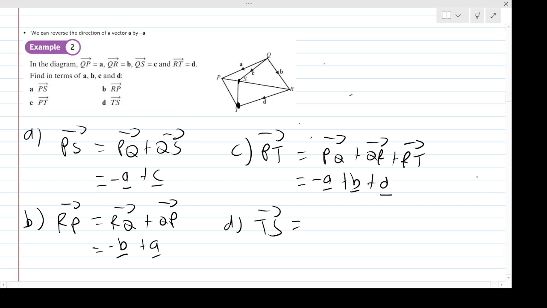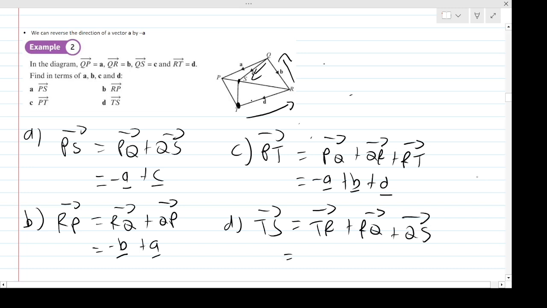So it's probably best to start from T to R then. And then I can go from R to Q. And then I can go from Q to S. And therefore I end up at S. So that could be my vector then. So it could be from T to R, and then R to Q, and then Q to S. And there we are.